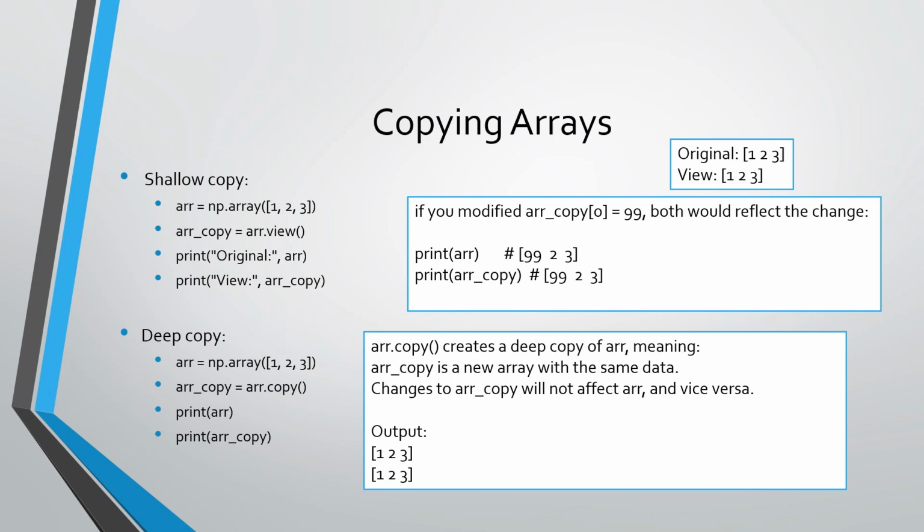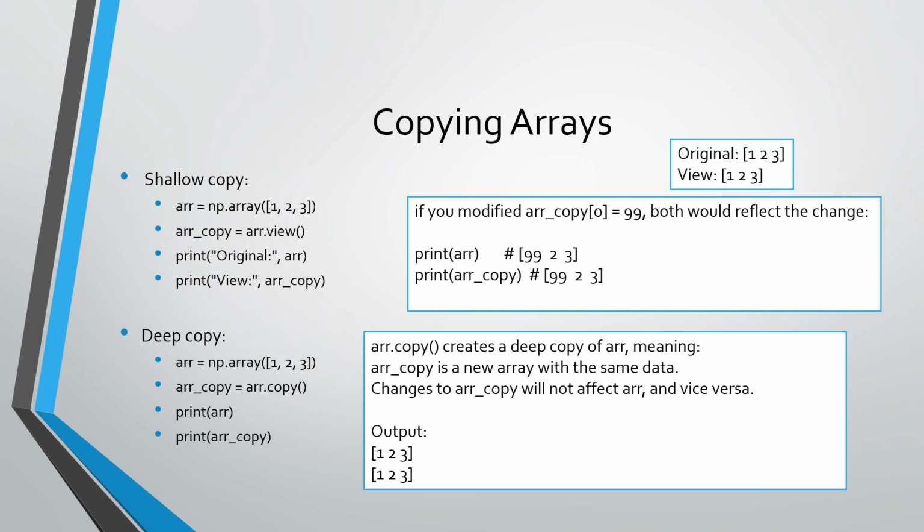So first we have created an array with 3 elements 1, 2, 3. If you print this array, we'll get 1, 2, 3. Then we are creating a shallow copy of it using the view function. If you print this copied array, we'll get 1, 2, 3. Now suppose you make a change in this array.